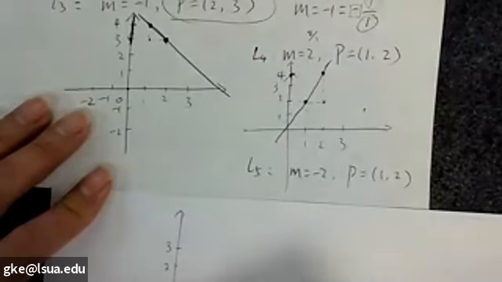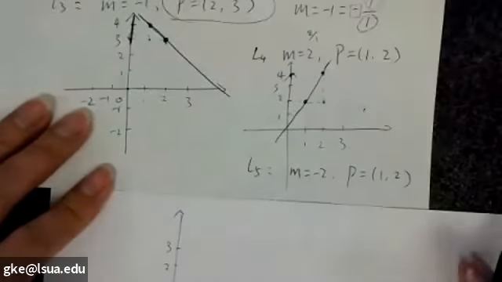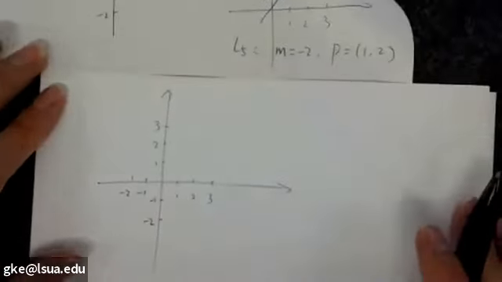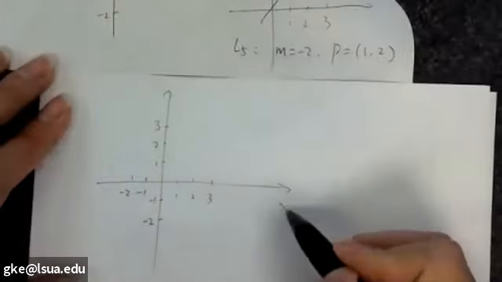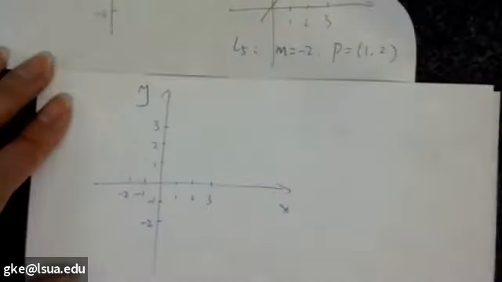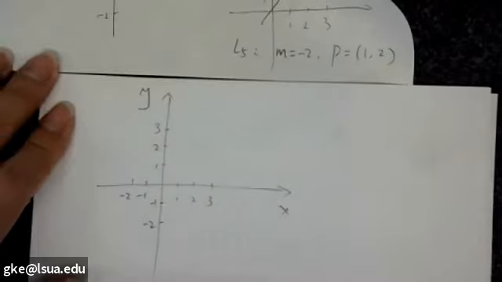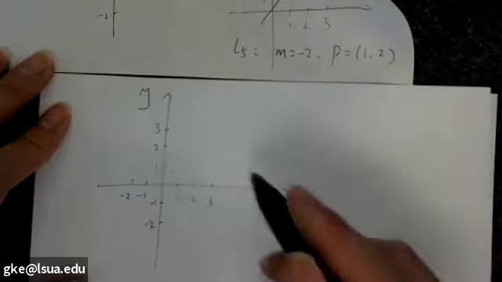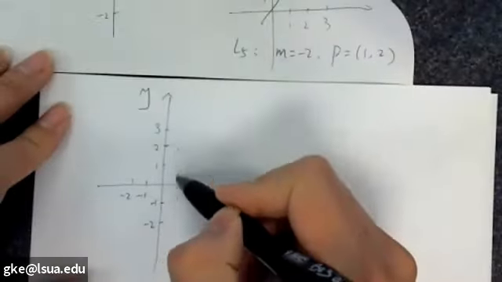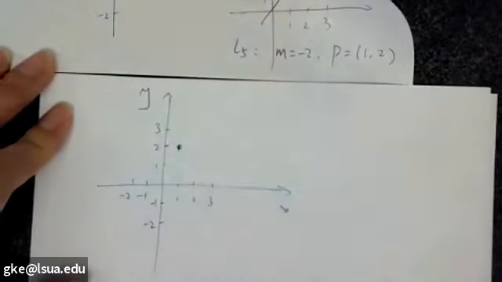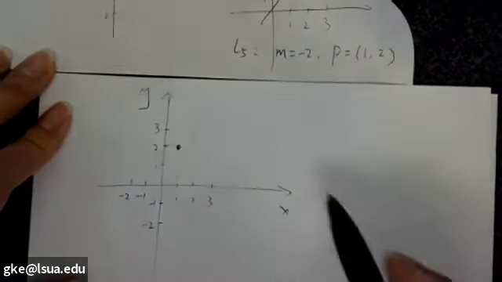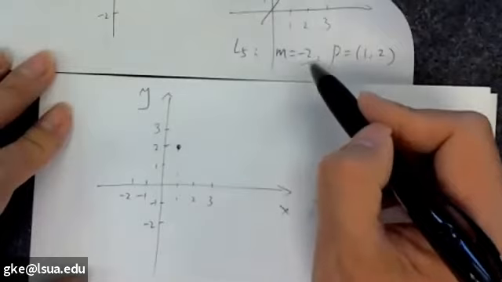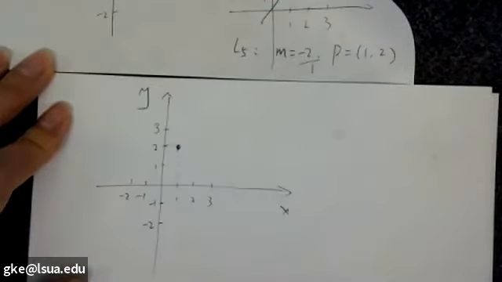X and Y. And the first step, we're gonna draw the point (1, 2). And then for this, we can say, hey, -2 divided by 1.